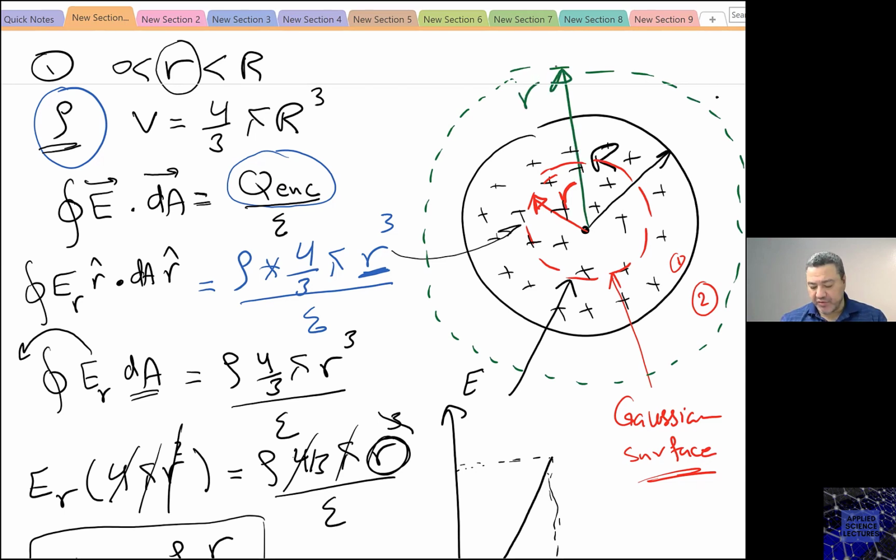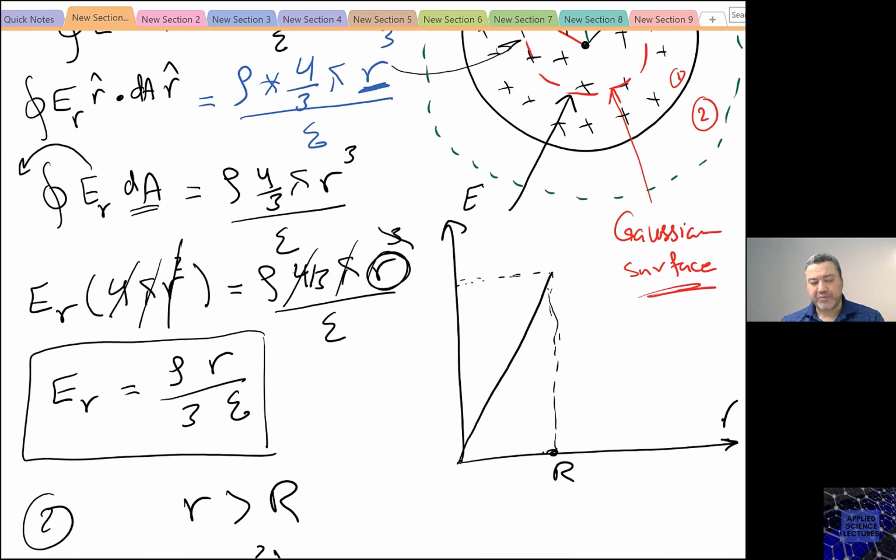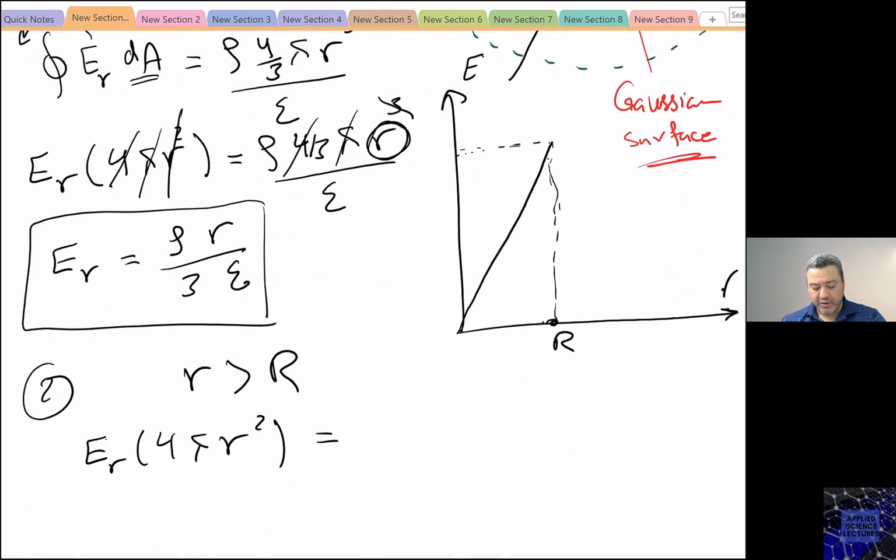You can see that in region number 2, I am enclosing all the charges, the maximum charges, because I'm starting from R and increasing. So I am already capturing all the volume charges.